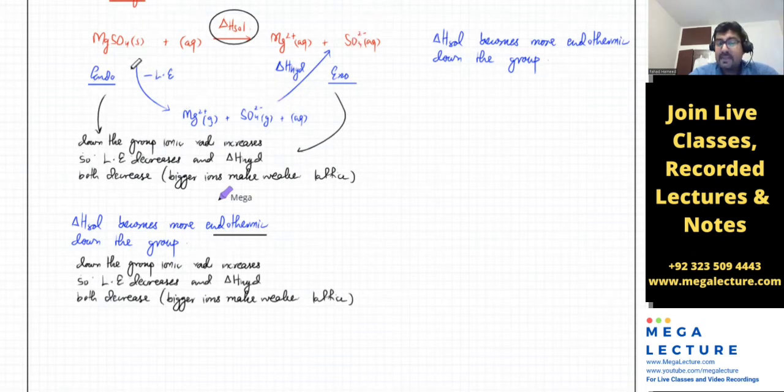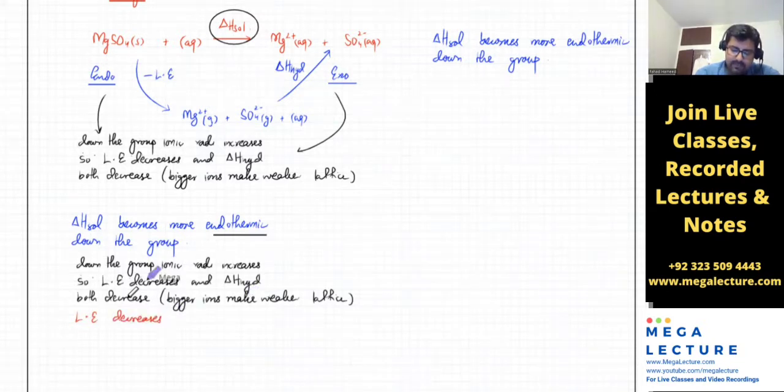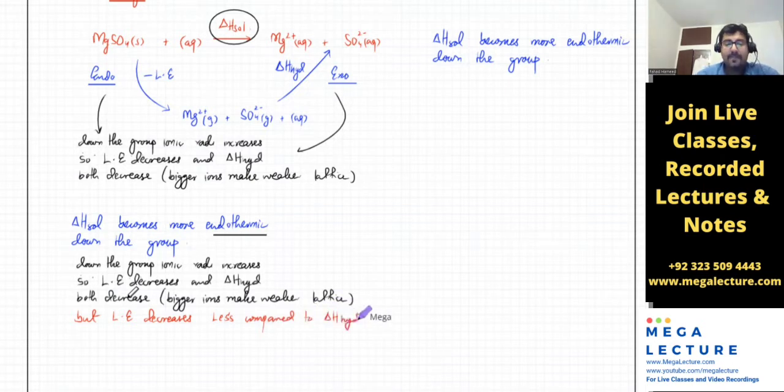So the last statement would be that the lattice energy decreases less compared to delta H hydration. So that's the reason why it's becoming more endothermic.